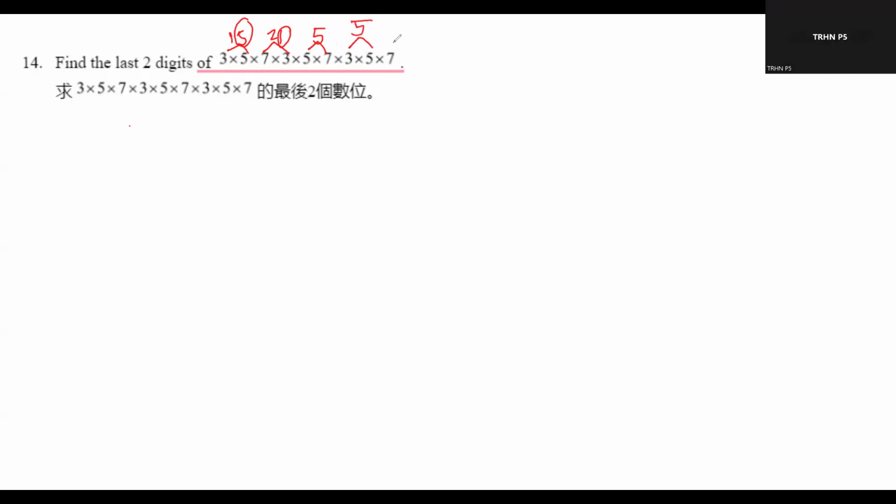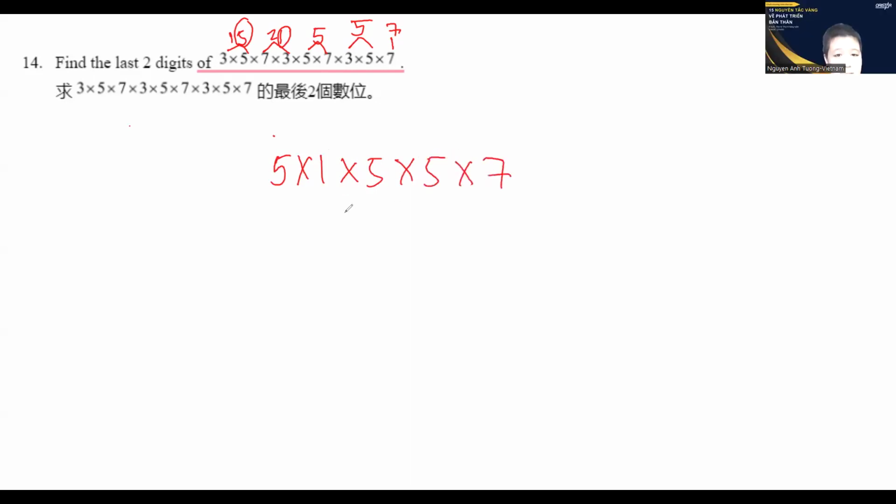And I multiply with 7, 5 multiplied with 1, still 5. And 5 multiplies with 5, it still has the last digit of 5, equals 25. Then I multiply with 5, I still have the last 2 digits 25. Then I multiply with 7. I've got the last 2 digits of 75.